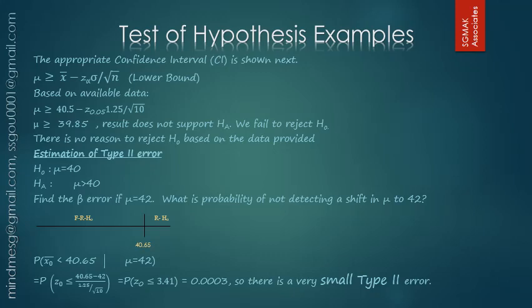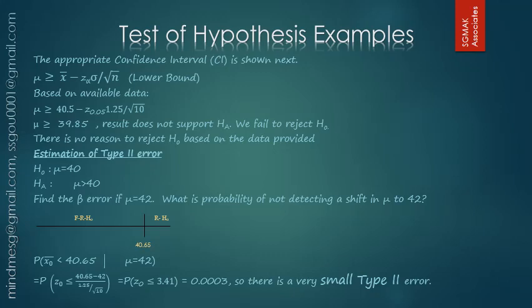So based on available data, mu comes out to be greater than or equal to 39.85, which is not consistent with our alternate hypothesis, mu greater than 40. So the data, based on the confidence interval, does not support the alternate hypothesis. Our conclusion is we fail to reject the null. There is no reason to reject the null based on the data provided.